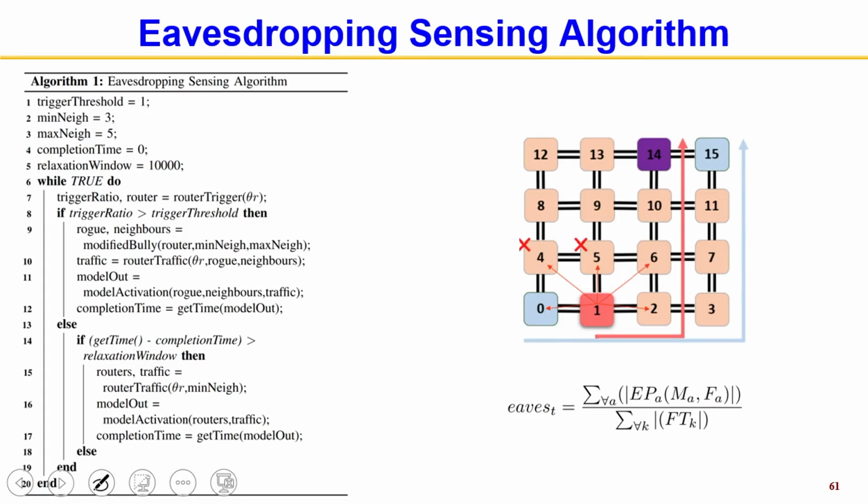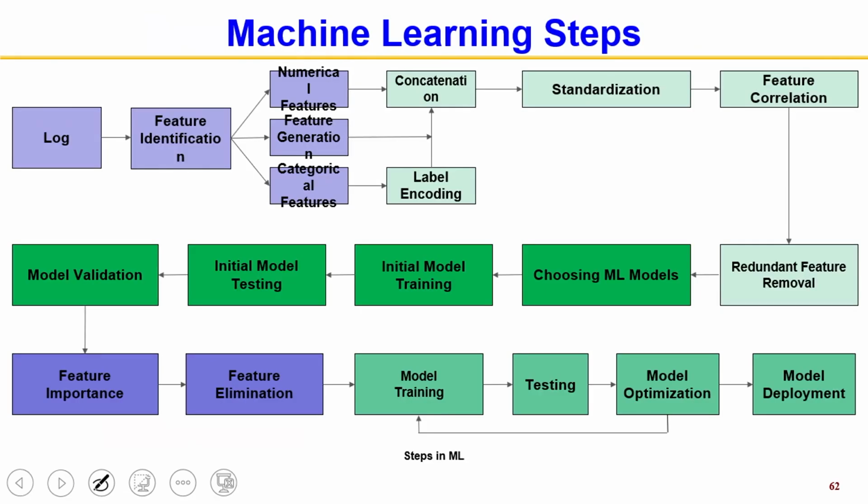So, here is the detailed eavesdropping sensing algorithm, but the key idea is that when somebody is trying to communicate from node 0 to node 15, the attacker in the middle is sitting here listening and then sending to different nodes for processing.